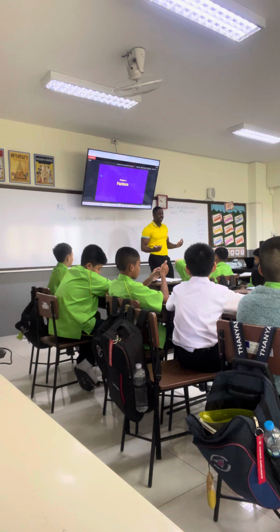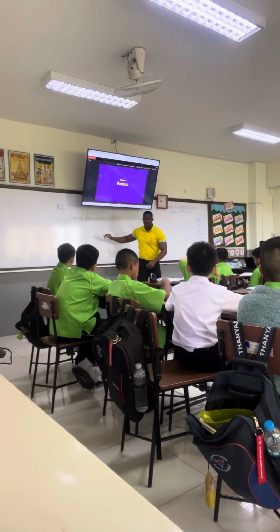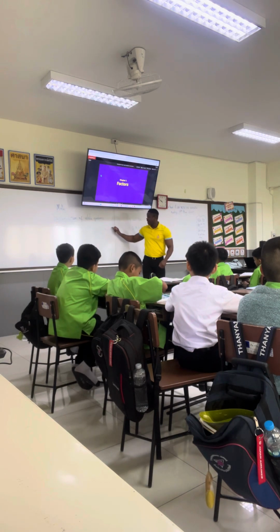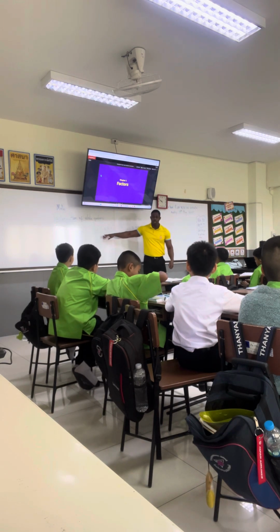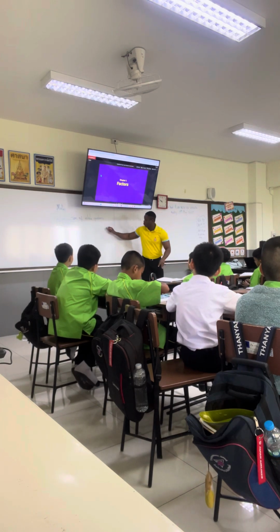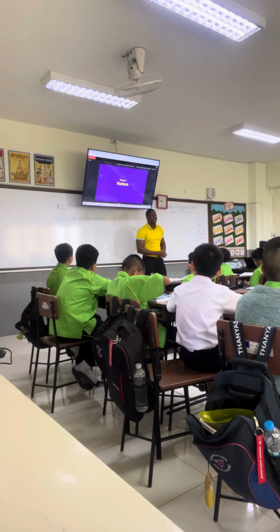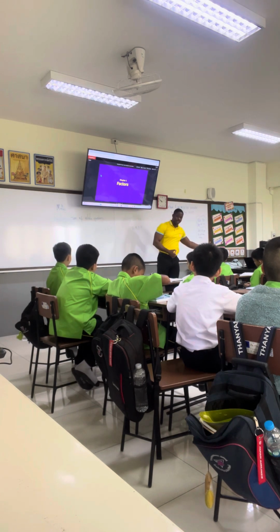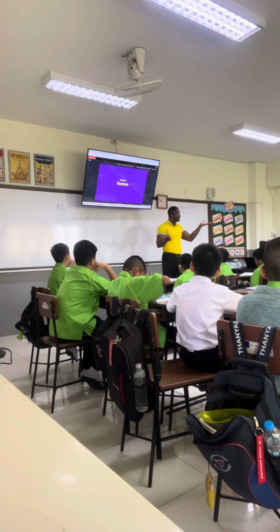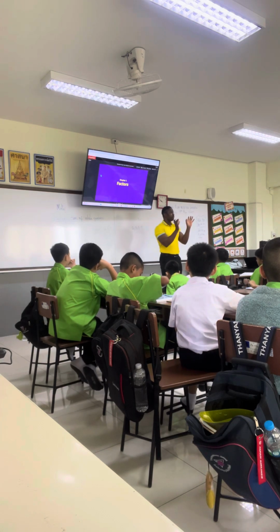What else? 2 and 5. So we know that the factors of 10 would be 1, 2, 5, and 10, right? But in these factors, there are only 2 prime numbers, which are 2 and 5. So these 2 and 5 are the prime factors. Prime factor means a prime number that's also a factor. That's why we have the word prime factor.